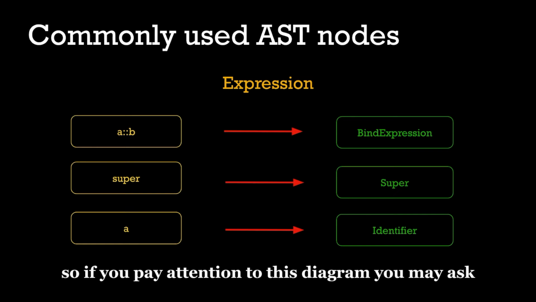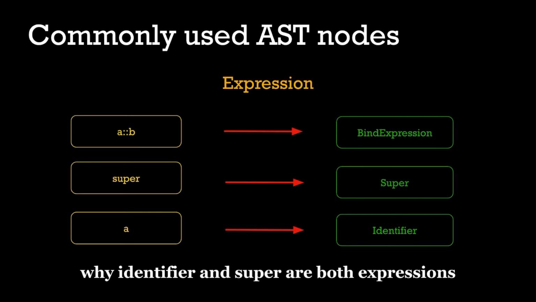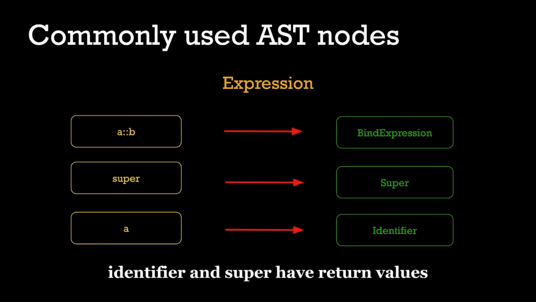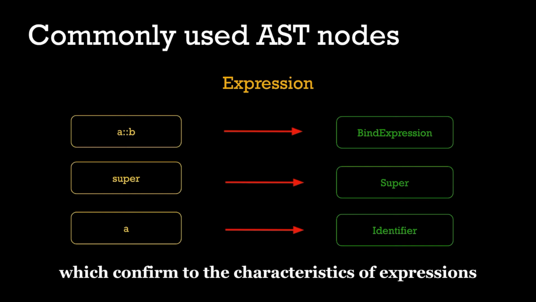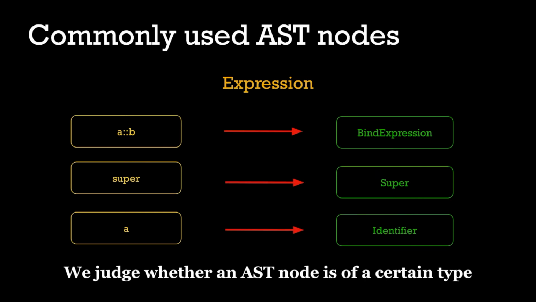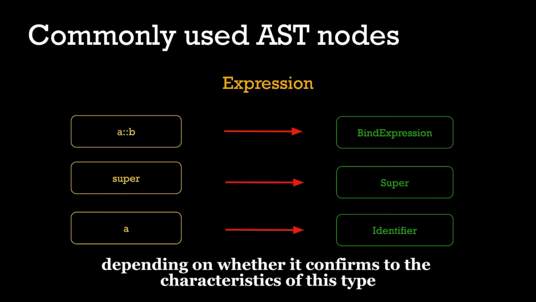So, if you pay attention to this diagram, you may ask why identifier and super are both expressions. In fact, some nodes may be of multiple types. Identifier and super have return values, which conform to the characteristics of expressions. So, they are expressions. We judge whether an AST node is of a certain type depending on whether it conforms to the characteristics of this type.